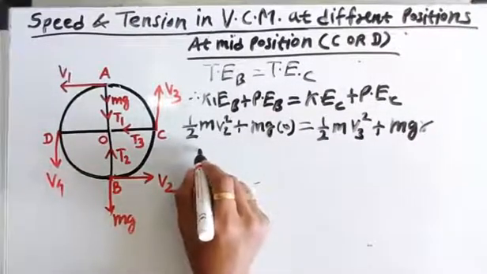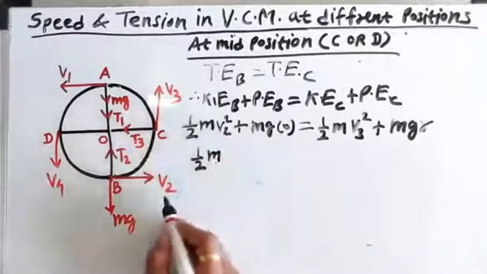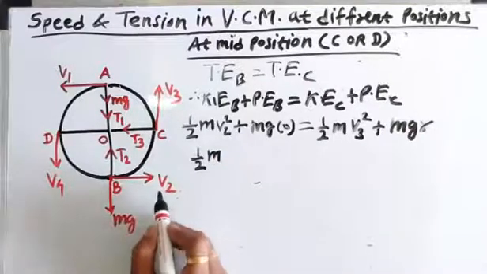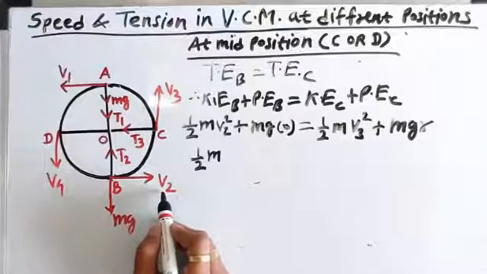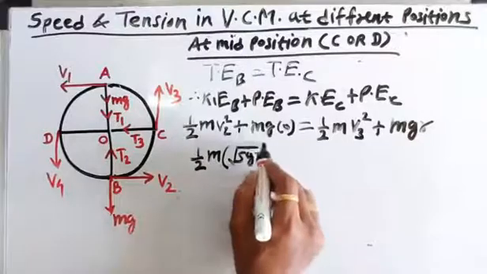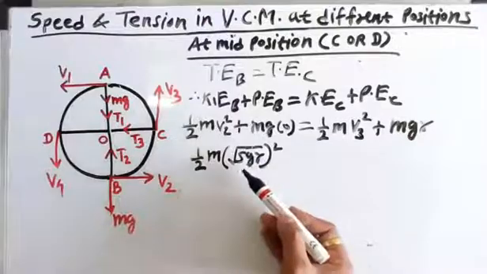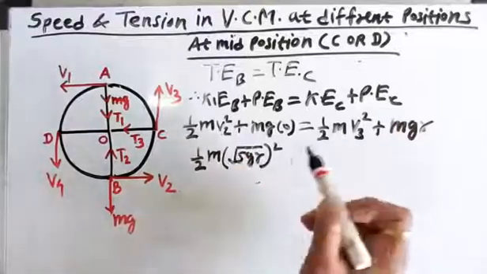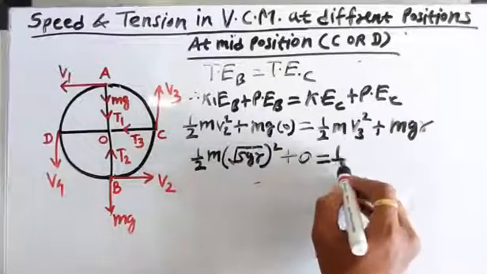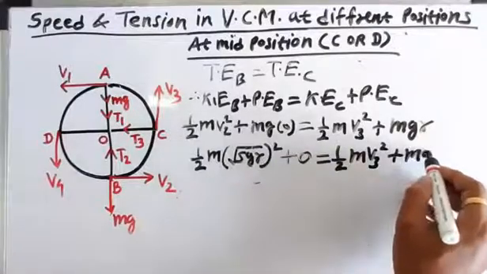Therefore we get half m v2 square, where v2 is the speed at point B, and we know that at the lowest position the value of v2 is under root 5gr. So here we write root 5gr whole square. We have just substituted the value of v2, which is root 5gr, plus mg into 0, that is 0, is equal to half m v3 square plus mgr.